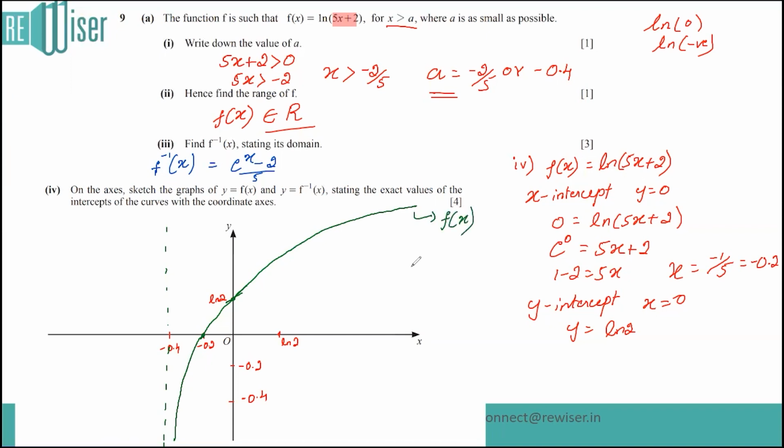If I talk about drawing the graph of f dash of x, I can simply reflect this graph along the line y equals x. If I reflect this graph along the line y equals x, I can get the final result. So basically, the graph would look something like that.